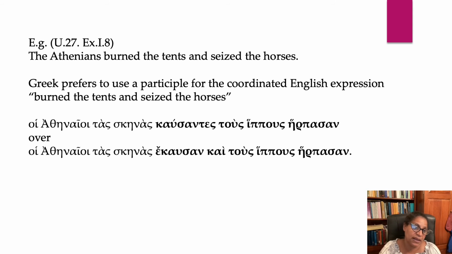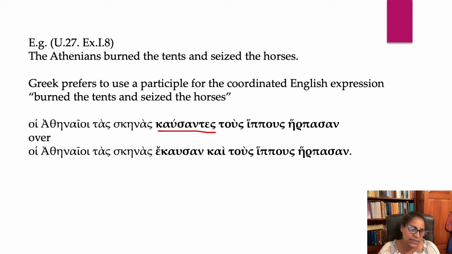So here you have the preferred: hoi athenaioi tas skenas kausantes tus hippus harpasan, over what you might naturally tend to do in English, translating it into Greek, but this would not be idiomatic Greek.